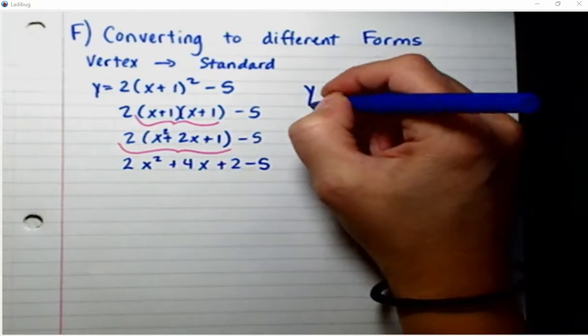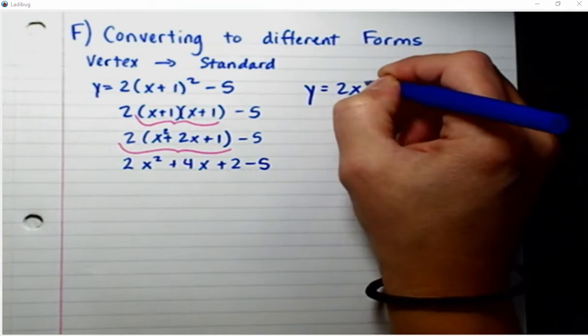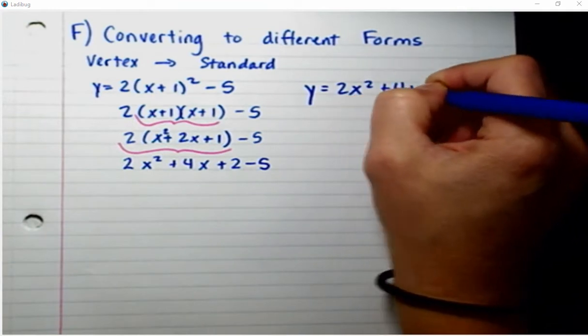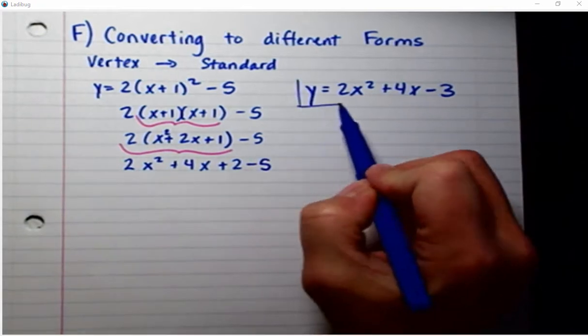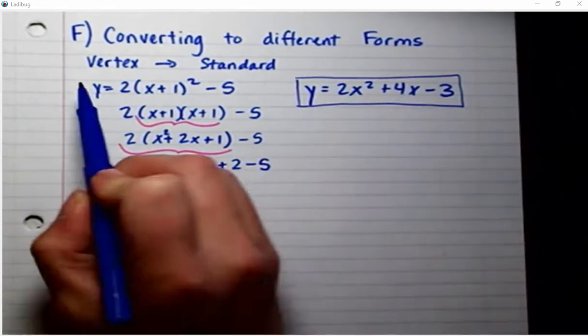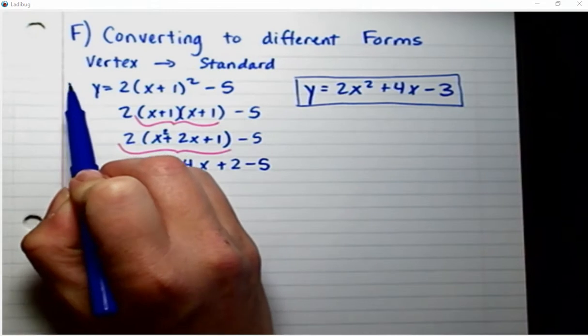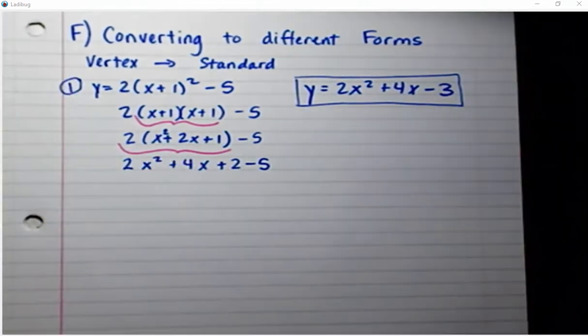Okay, so standard form ends up being this. Vertex to standard. Notice the a value is the same. Okay, vertex to standard form.